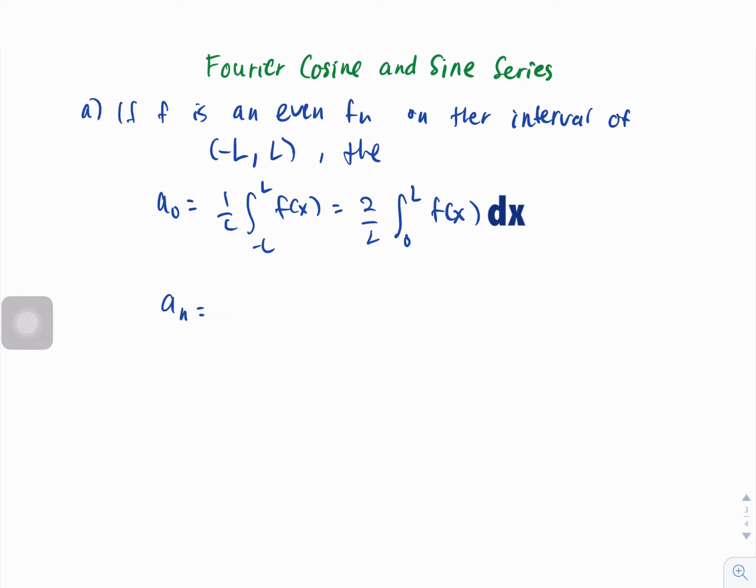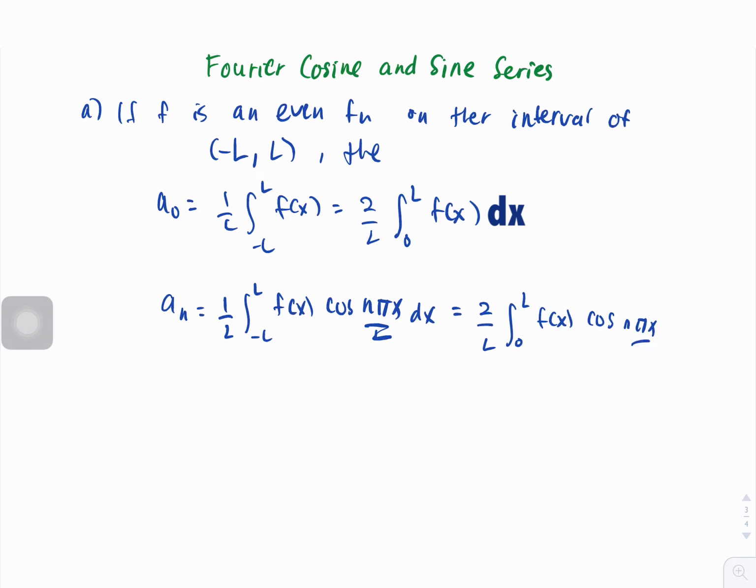Next, our a_n is equal to 1 over L from the Fourier series, which is the integration of f(x) cos(n pi x over L) dx, which is equal to, again from our theorem, 2 over L from 0 until L of f(x) cos(n pi x over L) dx.